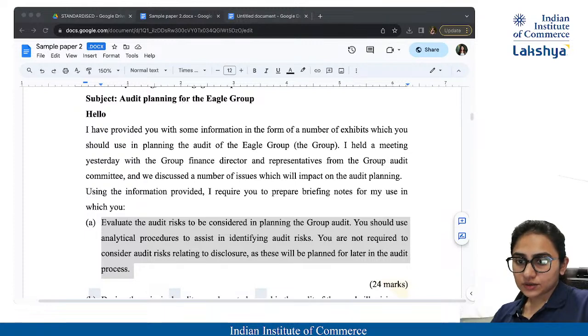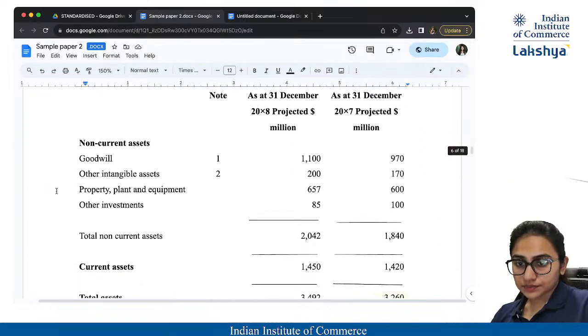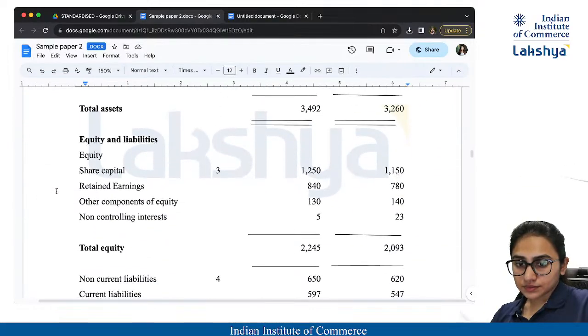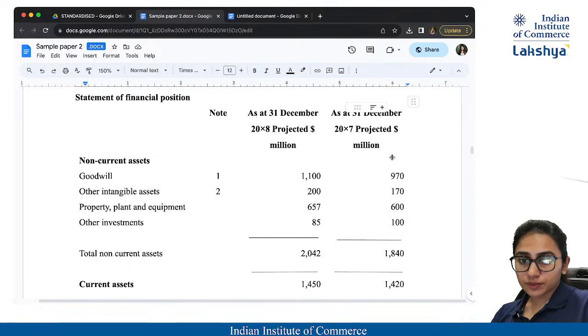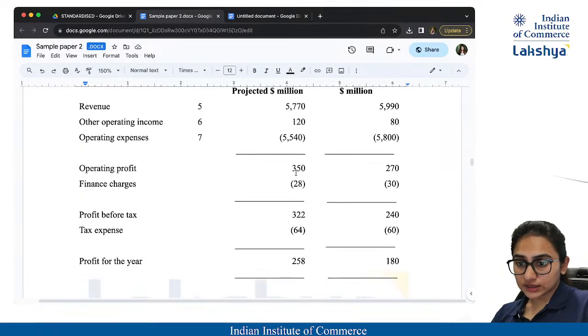You have to find out the audit risks. Okay. And considering it to be a 24 marker question, it is going to be a big one, so you have to prepare your mind. Also read this part for audit risk, because audit risk can be from this also. Comparison of previous year with this year, so various ratios we will have to find.